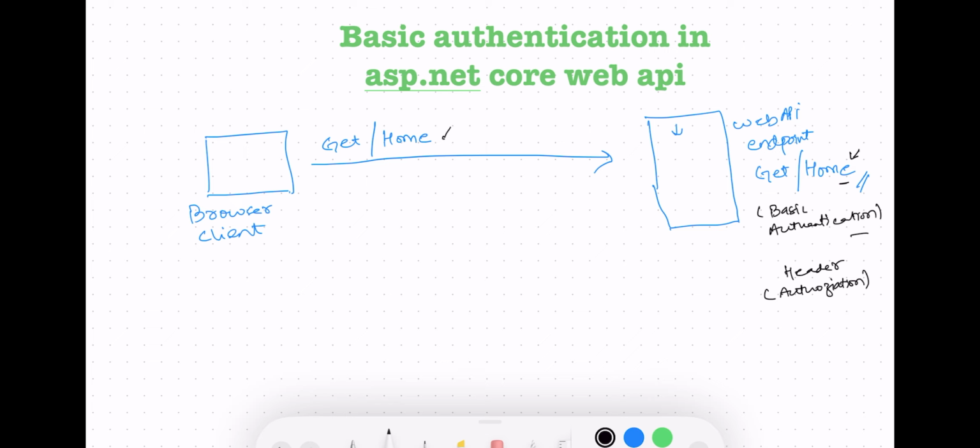So a request will have a header and then it will have some payload, right? So if this is my request, it will be made up of two parts, header and some payload. Now, in order for the server to validate the request, it will look into this header part and verify if it has got an attribute called authorization in it.